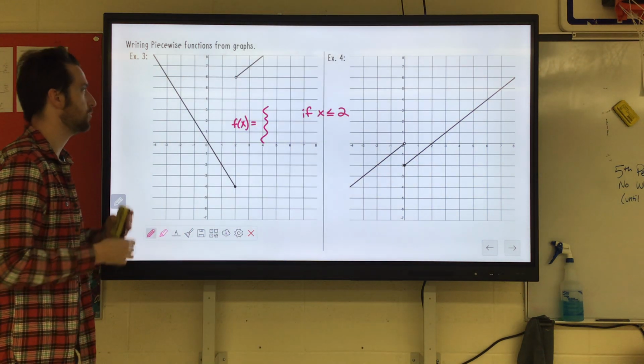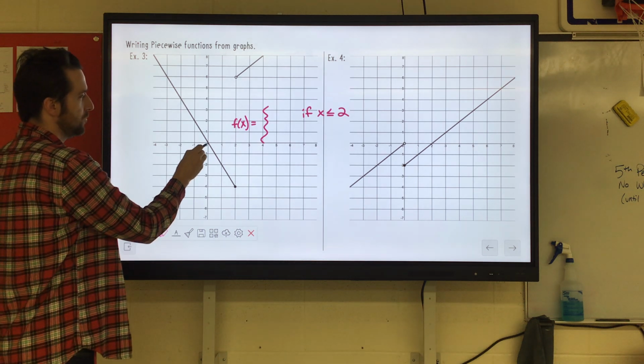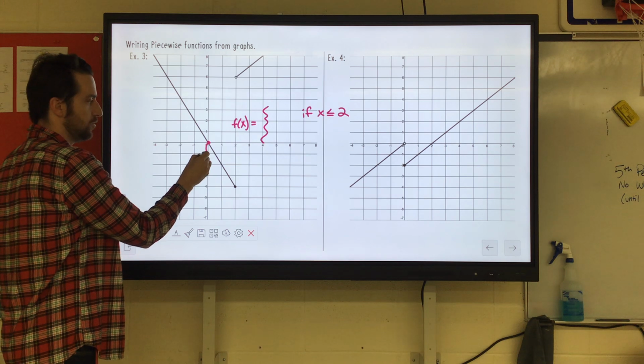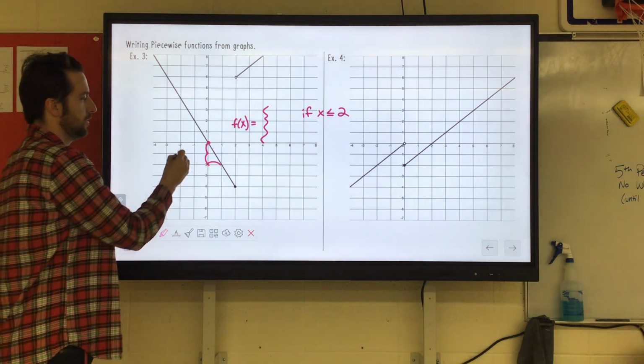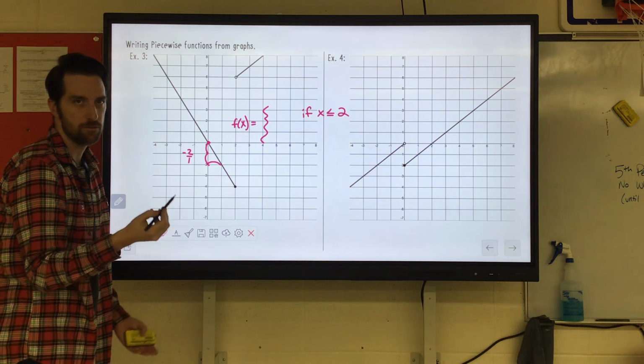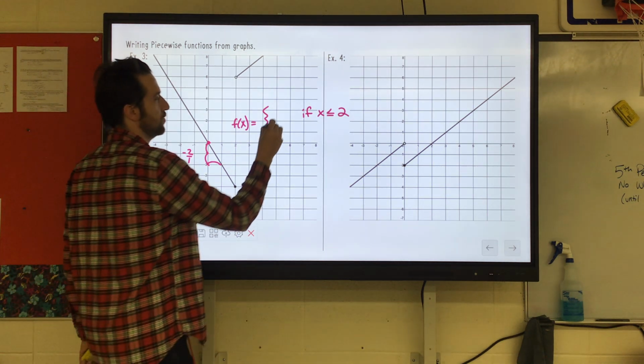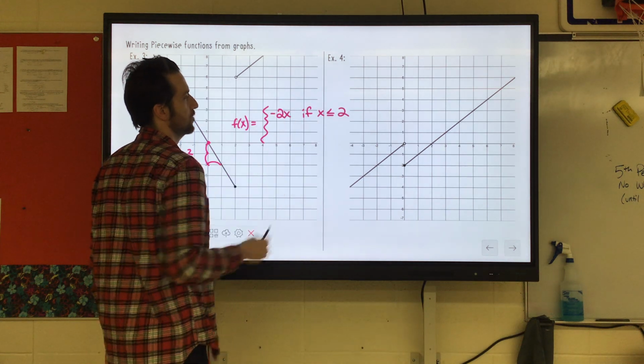Well, we need the slope and we need the y-intercept. I see the y-intercept is 0. That's cool. The slope is down 2 over 1. -2 over 1 is just -2. So you could say -2x plus 0, but you don't need the plus 0. So we'll just say -2x.